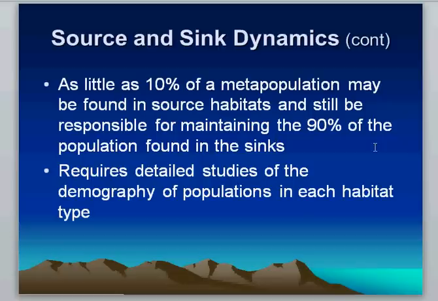It brings into stark relief the importance of preserving small populations. Okay, if a small source population needs to survive, a conservation biologist must put in extra effort to ensure it does.